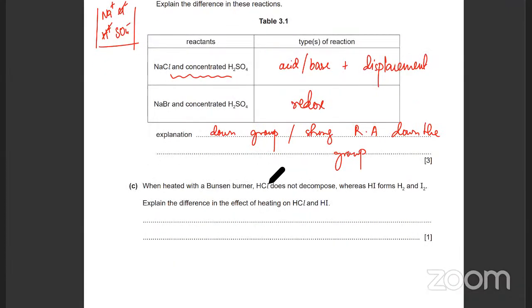Now, when heated with a Bunsen burner, HCl does not decompose, HI does. So what's the difference between HCl and HI? Why is HI decomposing? HCl has stronger bonds. Yeah, so it's got a higher bond energy or stronger bonds, and why?